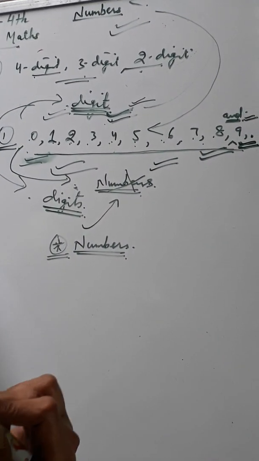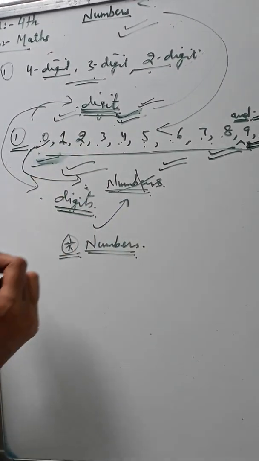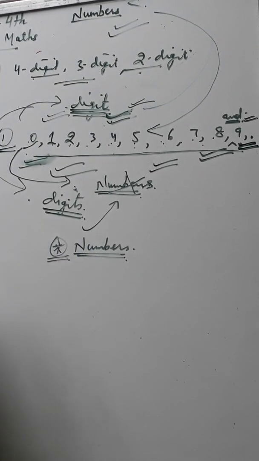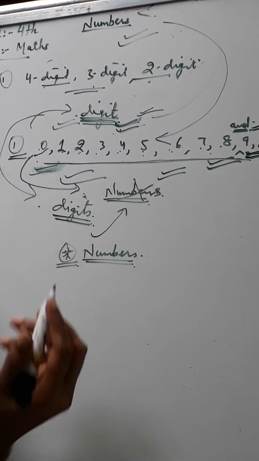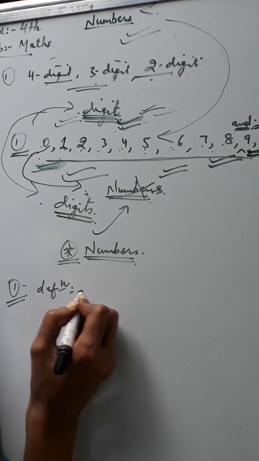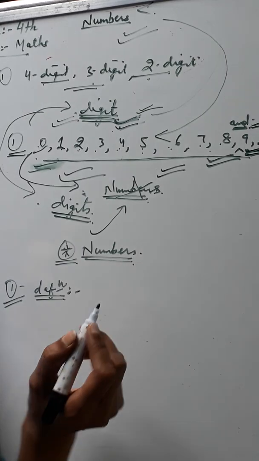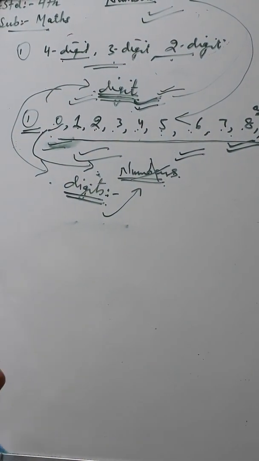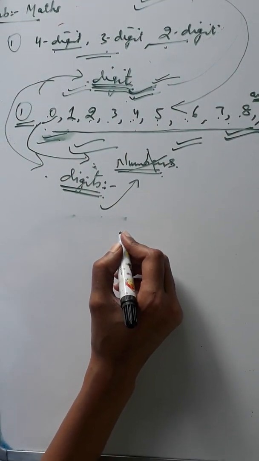0, 1, 2, 3 are called digits. Wait, before starting numbers, I am explaining the definition here first. Sorry, my students, I have written numbers here.